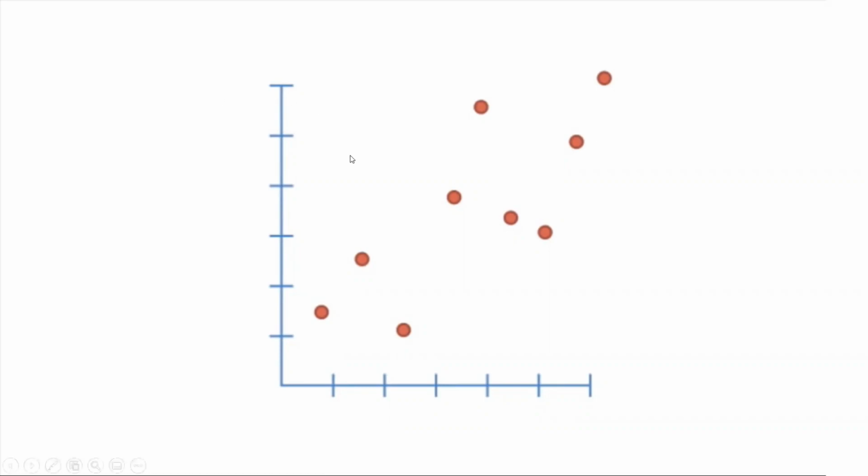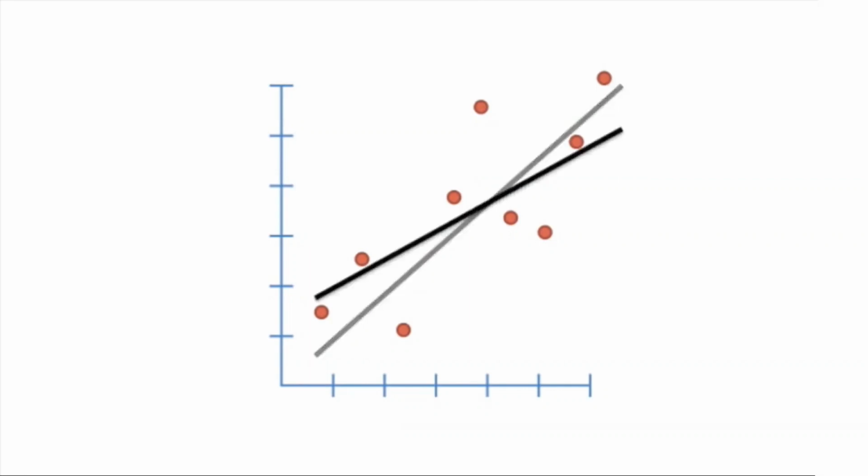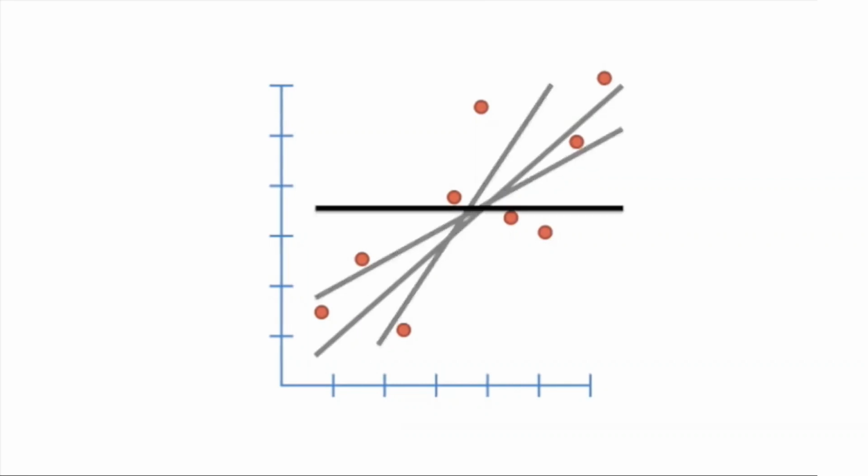And now if you wish to draw a line, we can draw a line which will basically pass through these points, and as we have discussed, we will try to minimize the number of errors, right? And someone can draw a line like this, or you can draw a line like this, right? Or you can take just the mean of all these numbers and can draw a line which is exactly parallel to the x-axis, which is the mean line.